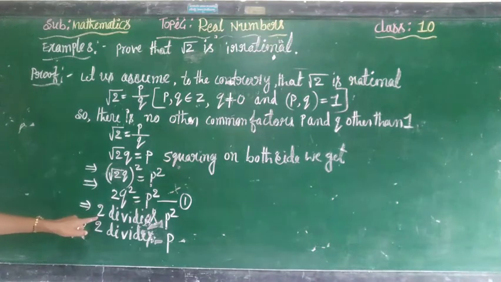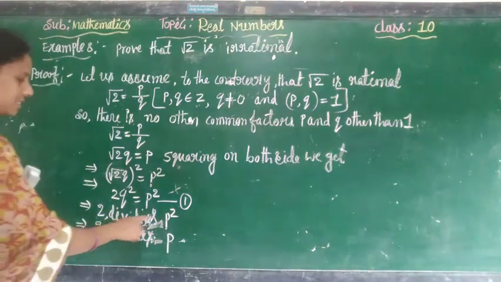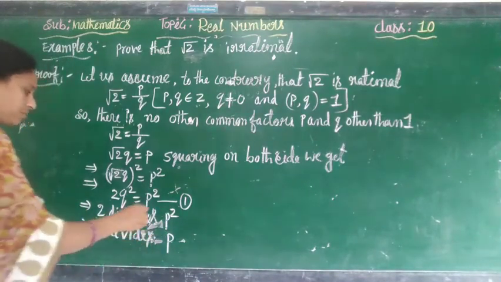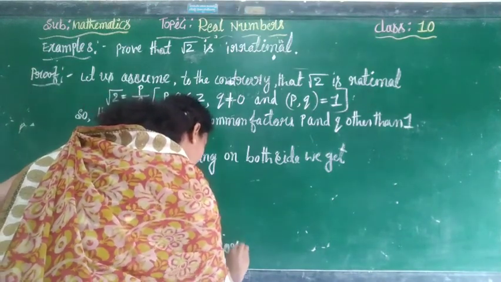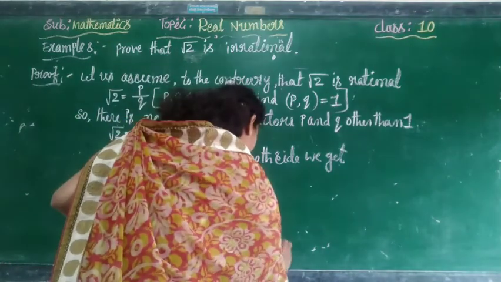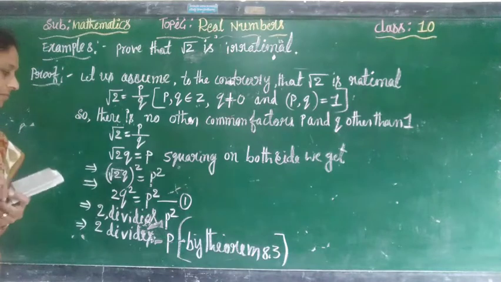So if 2 divides P square, then 2 divides P by theorem 8.3.